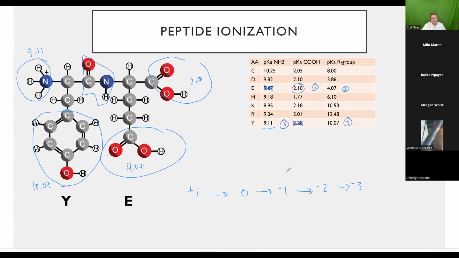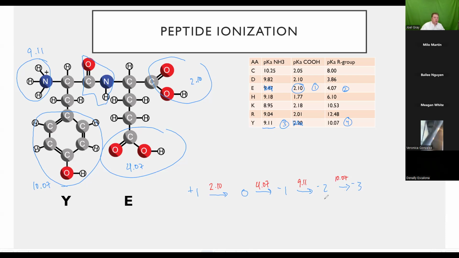How many arrows did I draw there? This is just a little trick that I use: I've drawn 4 arrows. I have 4 pKa values, 2.10, 4.07, 9.11, and 10.07. Can this peptide have a charge of +2?